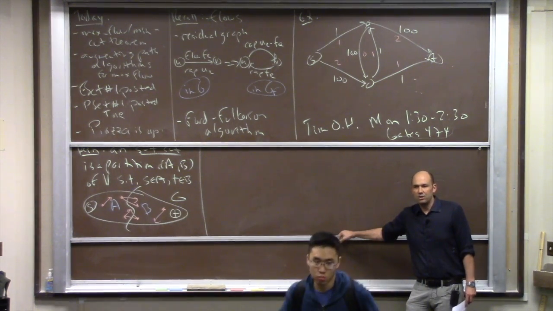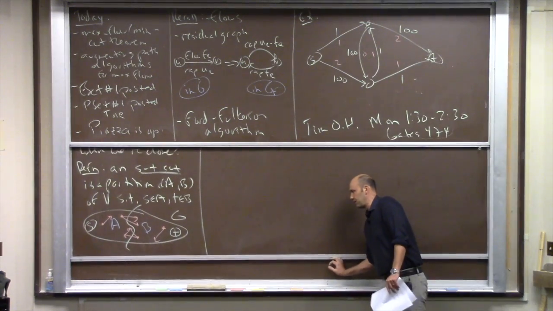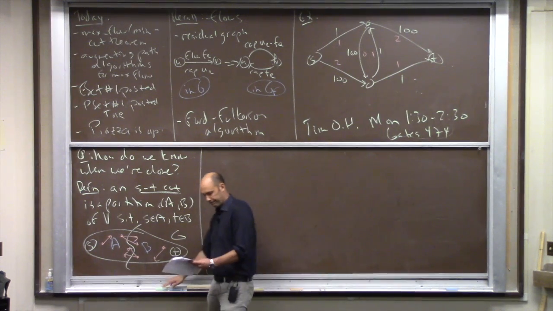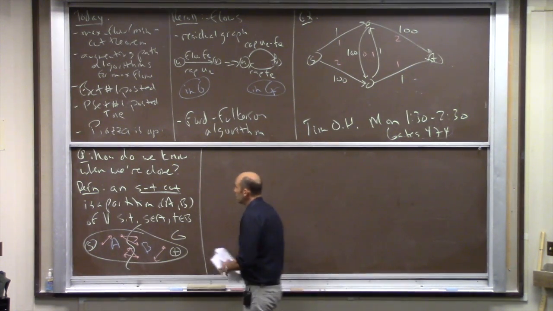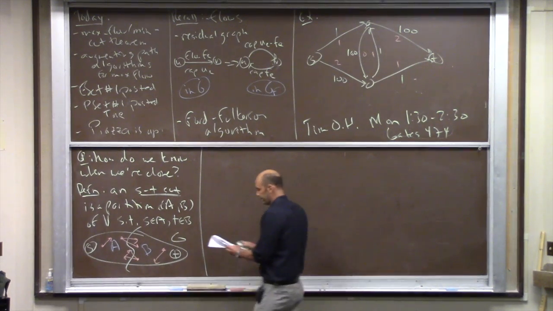And as we'll see, it's sort of a dual, in a sense we'll make precise later, to maximum flows. All right. So that's a cut. Let me tell you what the capacity of a cut is.